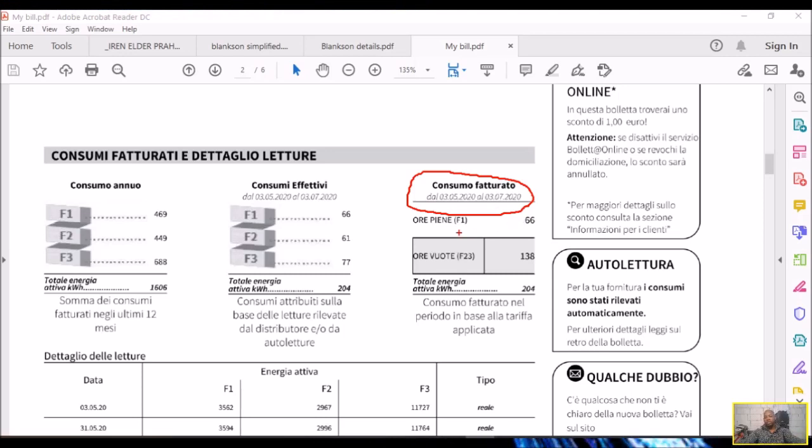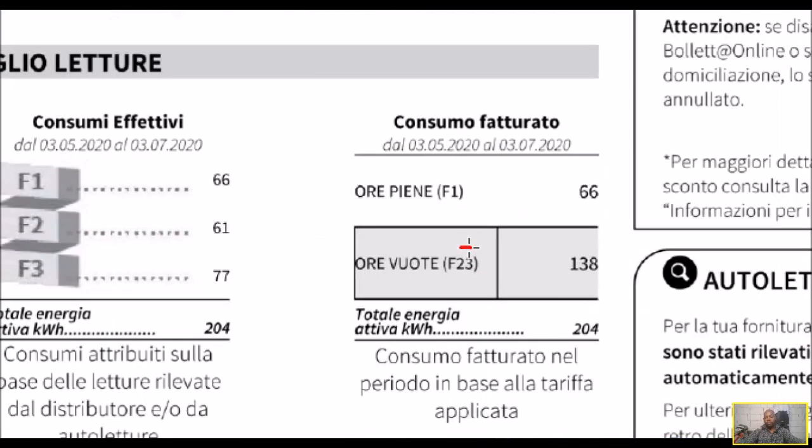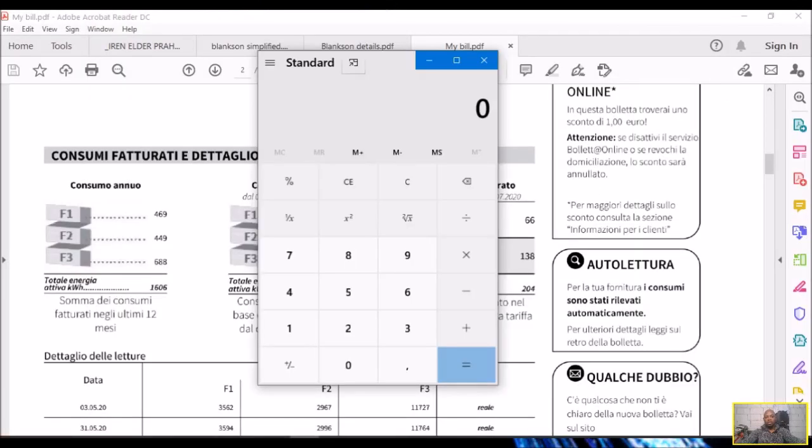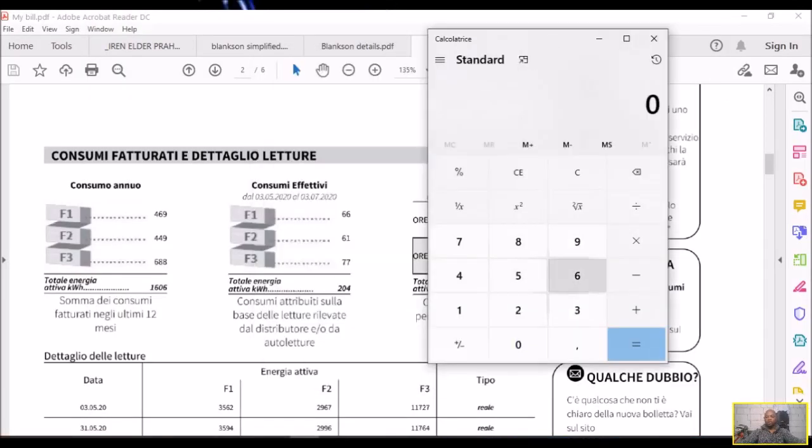And as you can see, F1 is the same as the F1 here, and here F2, F3, which is a total of 138. So let me calculate it here. You say 61 plus 77 is 138.